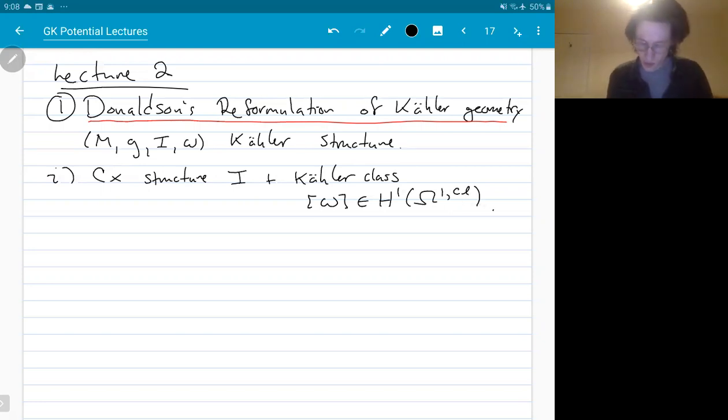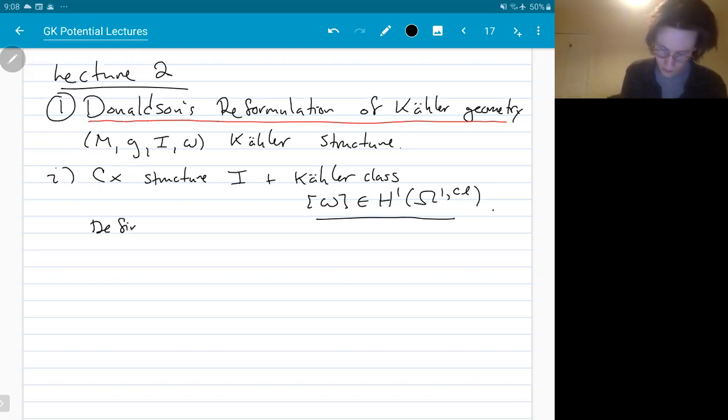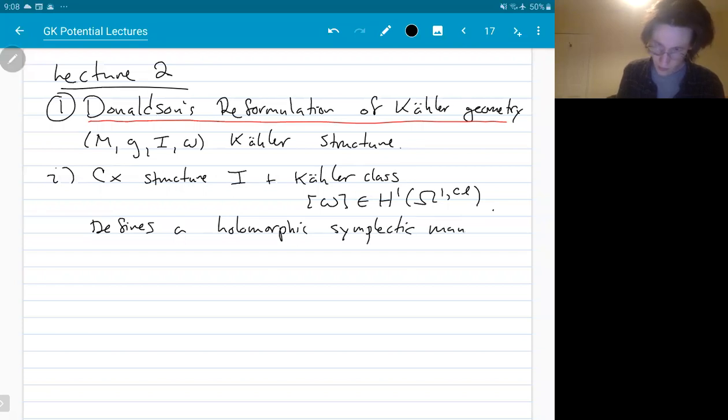So this structure is kind of topological data along with the complex structure. And the idea is that this class defines a holomorphic symplectic manifold, which I called Z_ω.